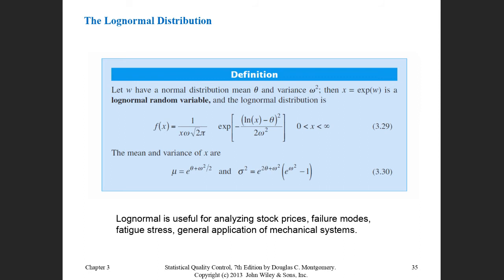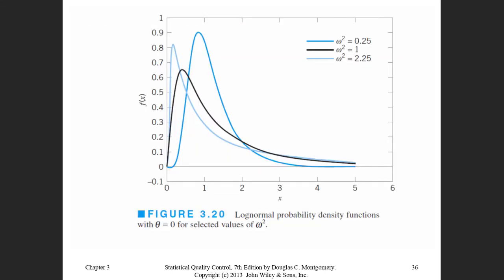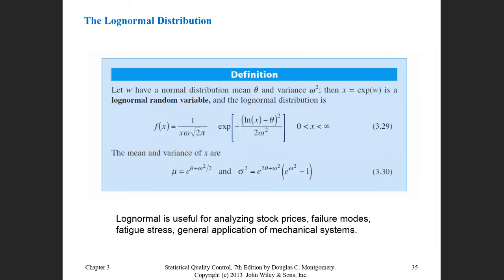Log normal is also common in failure mode systems or fatigue stress analysis that comes from nature. Also in analyzing stock prices. It is common in mechanical systems. All you need to know is the application of the distribution, where it's used. As we say, all of these can be calculated in Minitab, and as an engineer, that is okay.